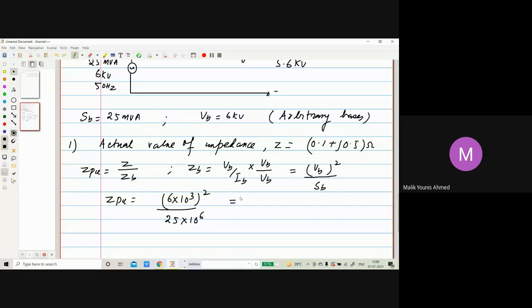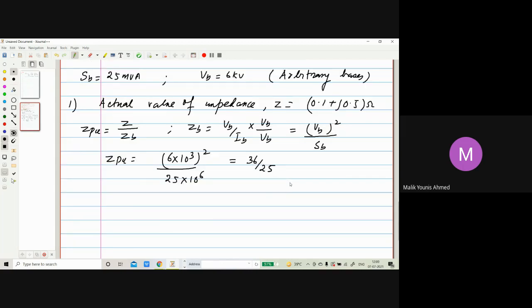If you calculate this, the 10 to the power 6 cancels, and 6 square by 25 will be 36 by 25. So Z base is 36 by 25.